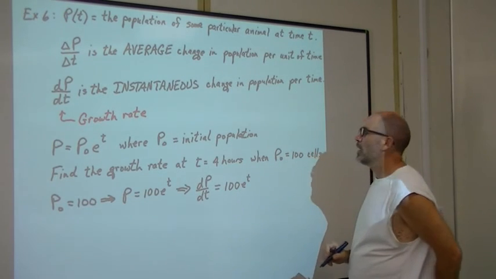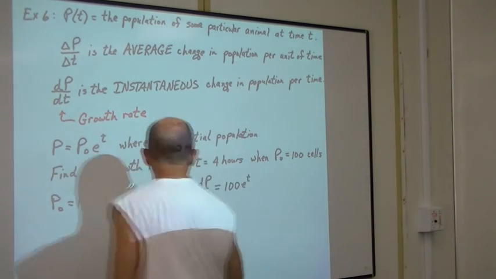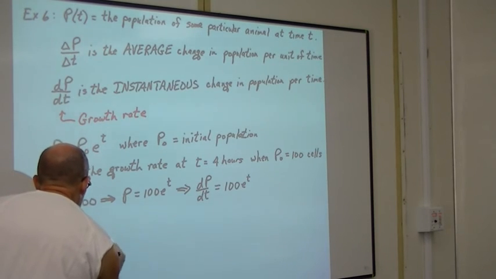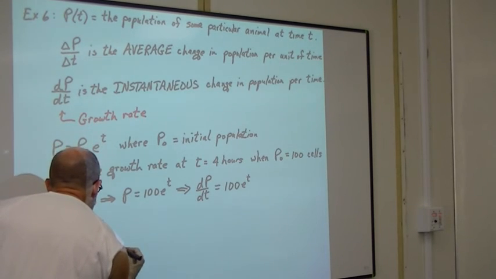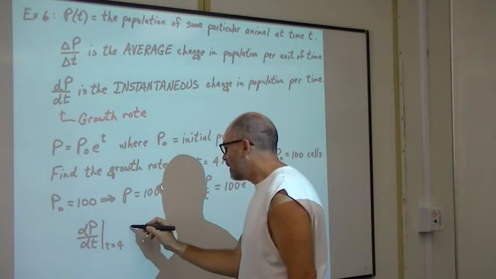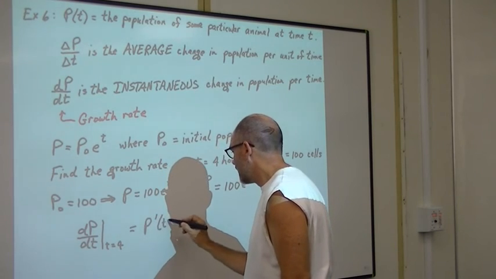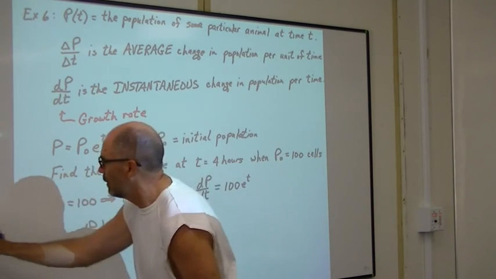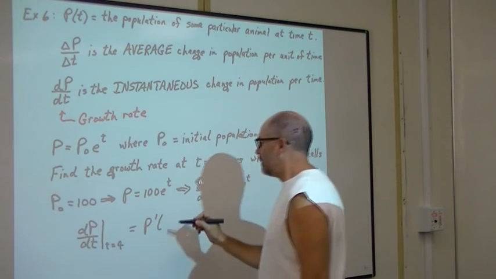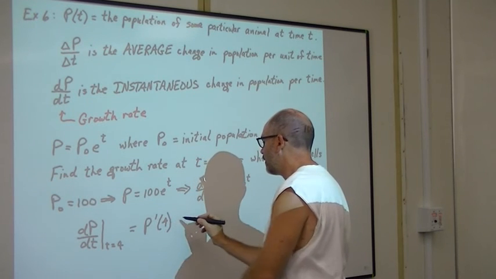Now, if I want to know the growth rate at 4 hours, then what I want is dP/dt at t equals 4. Or I also could write that as P prime of 4, not P prime of t. See, P prime of t is dP/dt, but I want P prime of 4.